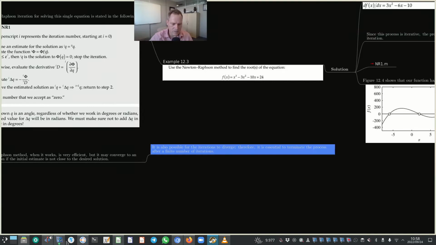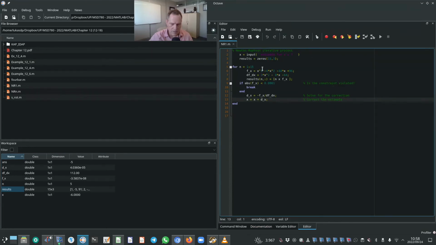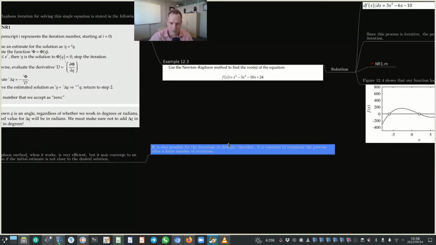That's also what we saw in the Matlab algorithm. If I go back to the editor, you can clearly see it limits the number of iterations to 15, a precaution against diverging to an infeasible solution that we don't actually want.